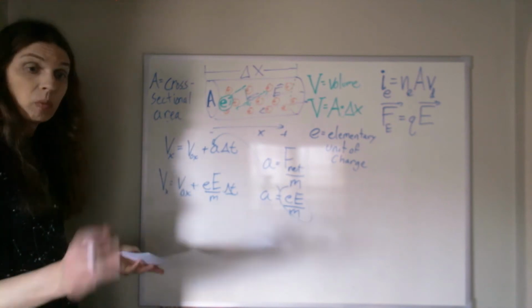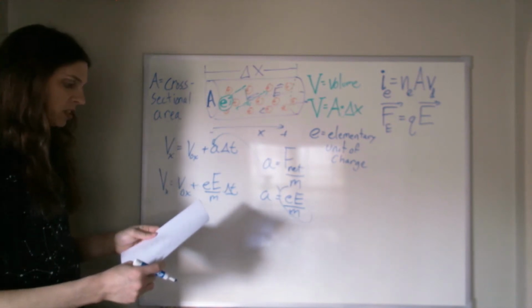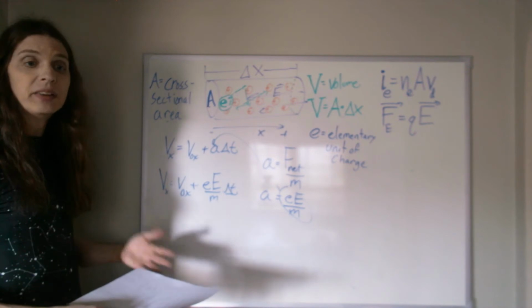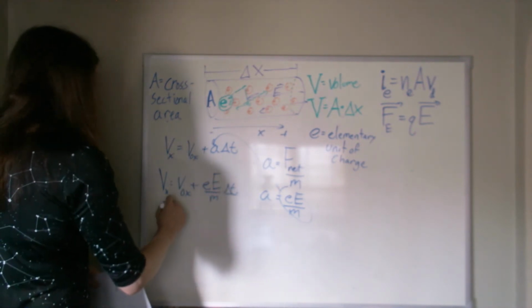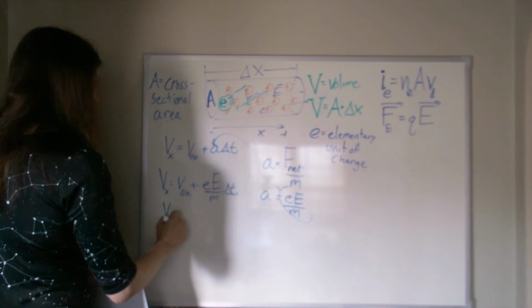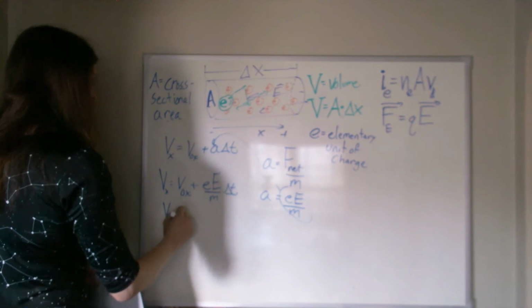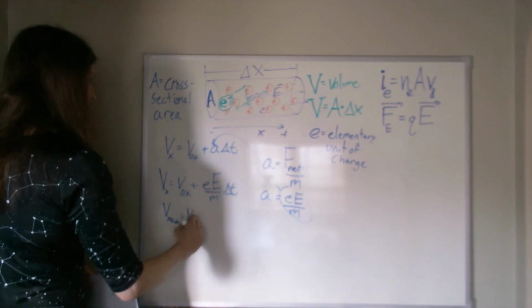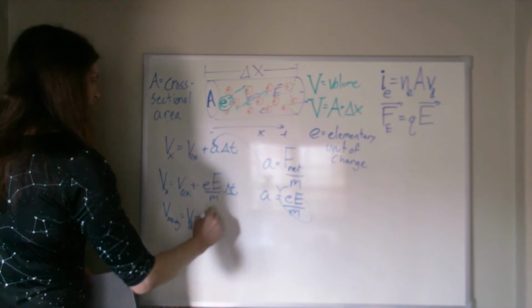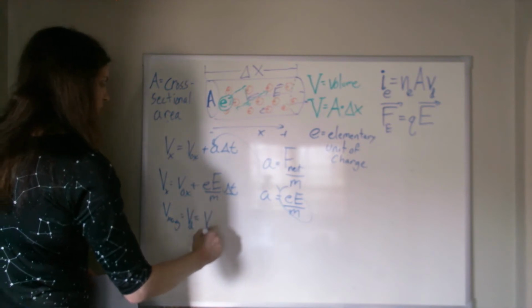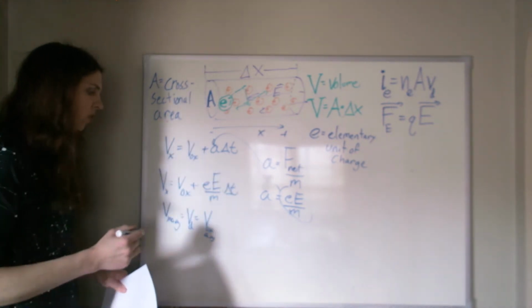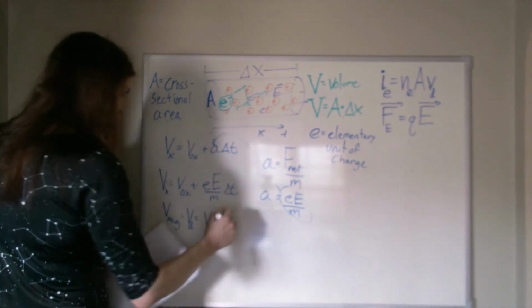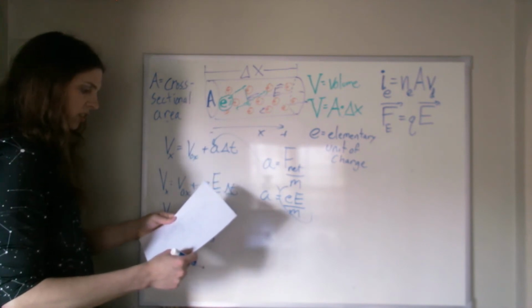And so we take a look at this and we want to see, all right, drift speed is going to be the average of all these things. So Vx average is our drift speed. And that's going to be the average of the original speeds plus the average of all those other terms.